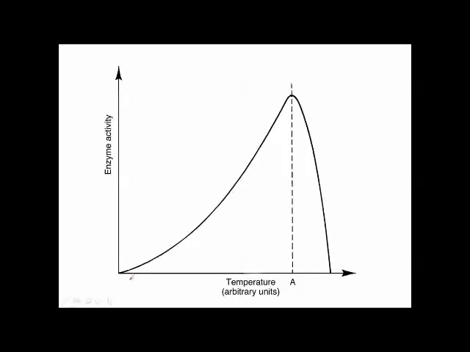So here is a graph of enzyme activity versus temperature. So when it is freezing, let's just say it's freezing. But remember, there are many bacteria, many different enzymes that can actually survive below freezing.